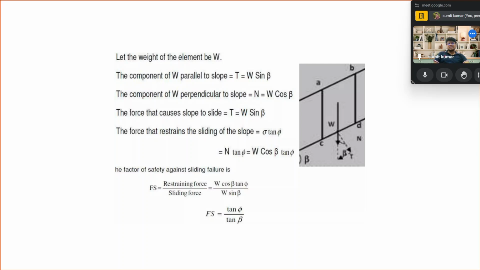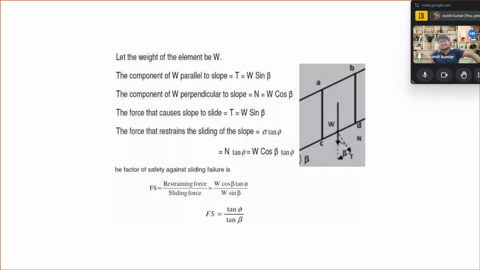Yes, because beta is the angle made by the slope with the horizontal, so the component of W parallel to the slope is W sine beta, and the component of W perpendicular to the slope is W cos beta, said to be N. And the force that causes the slope to slide is W sine beta, that is the component of W parallel to the slope, because the slope is said to fail along the slope direction only.